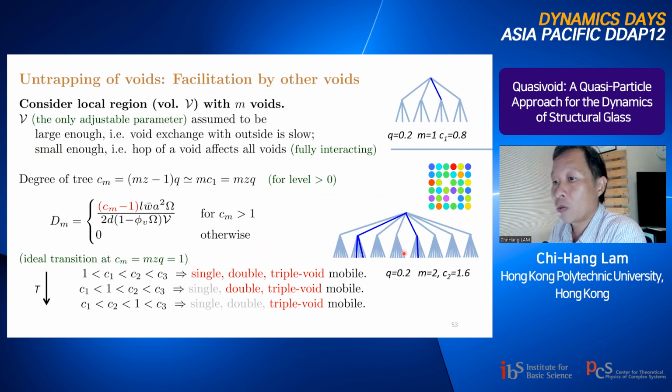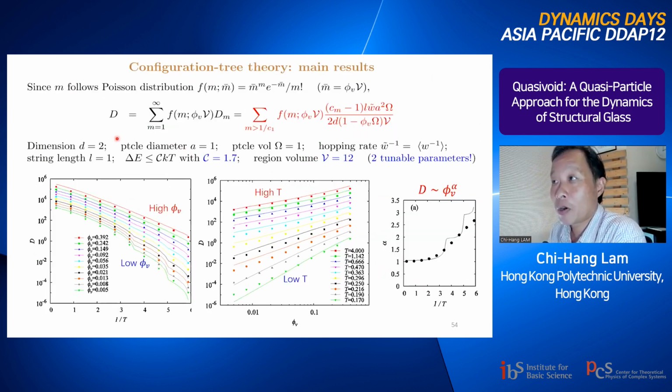That's the facilitation mechanism. And when considering that local regions can have m voids, we can just sum over the diffusion coefficient in this region and get a closed form expression for the diffusion coefficient, which are plotted as lines. In particular, we get the power law and also super Arrhenius diffusion coefficient, typical of glass.